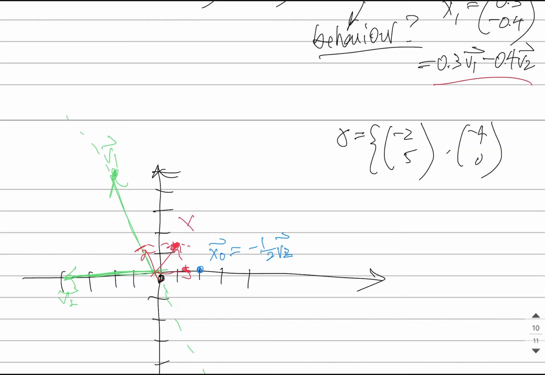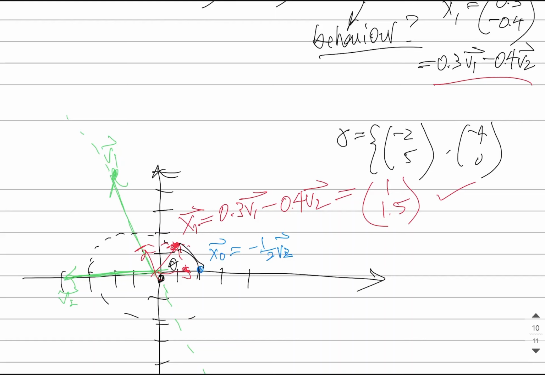That would be x1. x1 is 0.3 bunches of V1 minus 0.4 bunches of V2. And even from my crappy picture, you can see that in standard basis, this is 1 and 1.5, just like it's supposed to be. And this is what's happened. I have rotated the vector, and if I kept going here, it would go back.